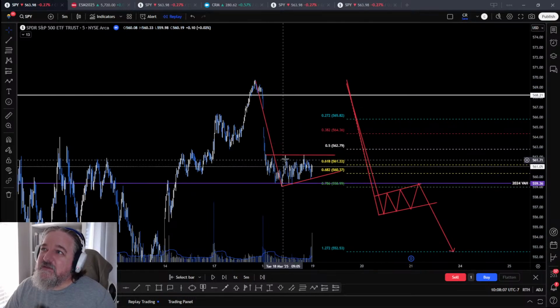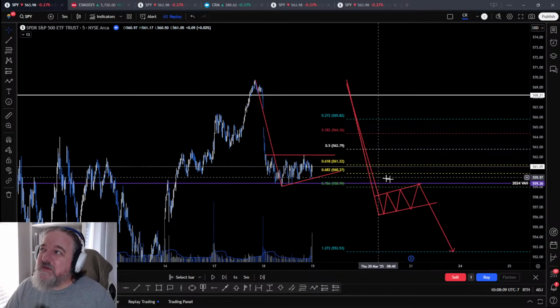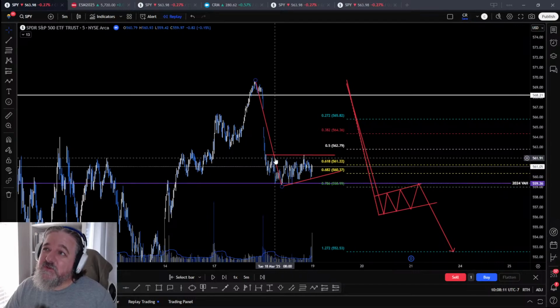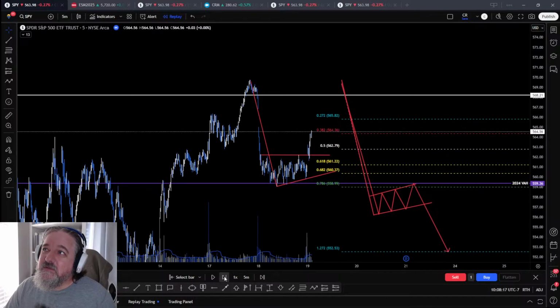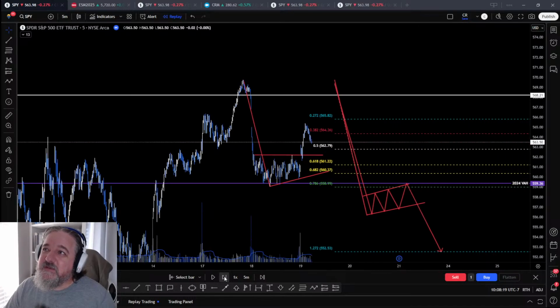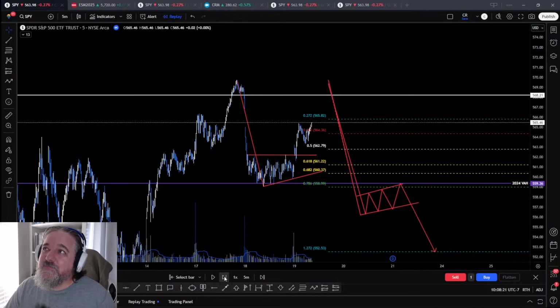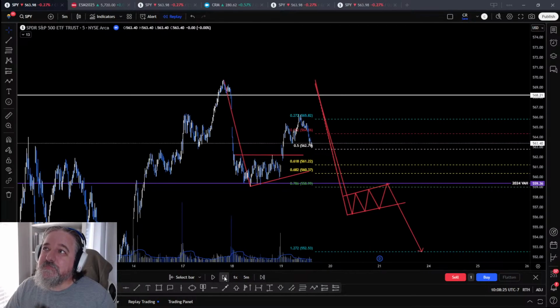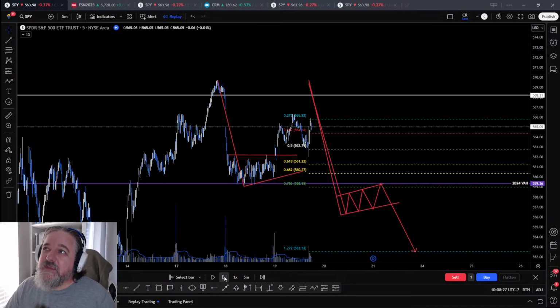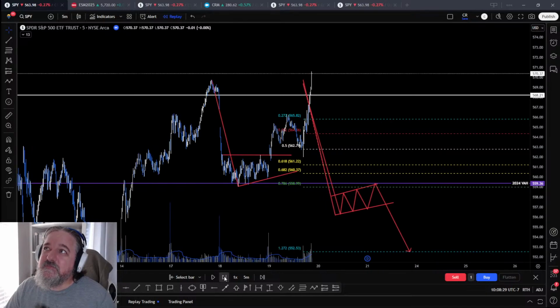On this bear flag, we formed it above a very key level, the 2024 value area high. And then if we step this forward, they just duked retail, right? They sent it flying from there.